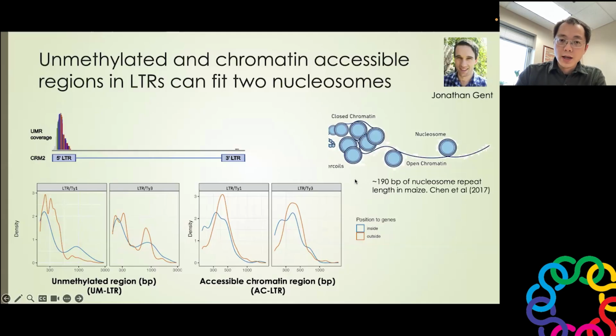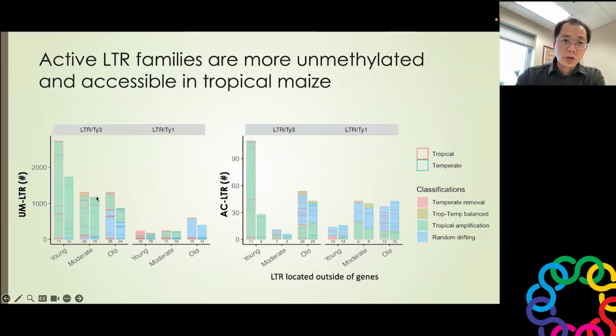But do these elements carrying ACRs and UMRs have any relevance to the data that we observed? So yes, this is UMR on the left and the ACR on the right. And the same context: TY3 superfamily, TY1 superfamily, young, old, and moderate dynamics. And the y-axis here is the number of families that we can identify.